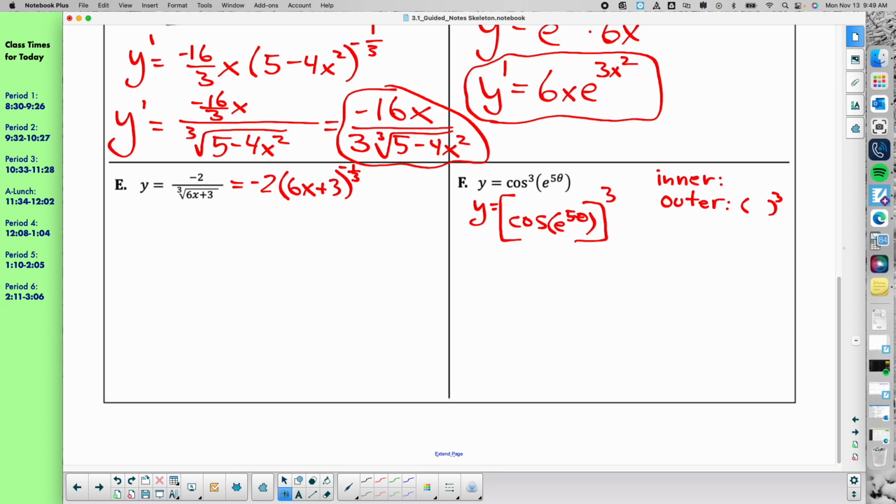Does the u confuse you because it's like a different letter? Because it doesn't matter to me. I want to write whatever's clearer. Is it confusing either way? Okay. Inner is cosine of e to the 5 theta. Okay.